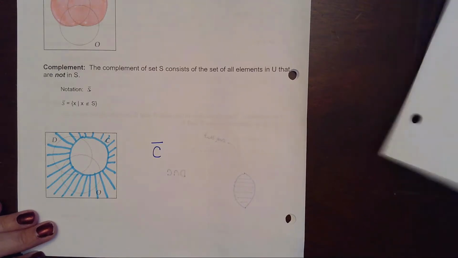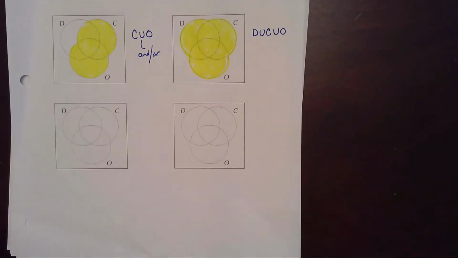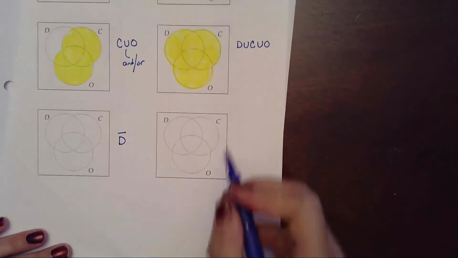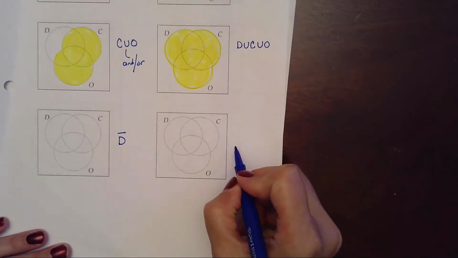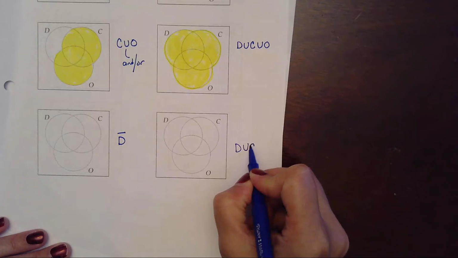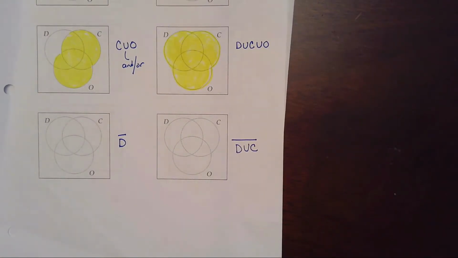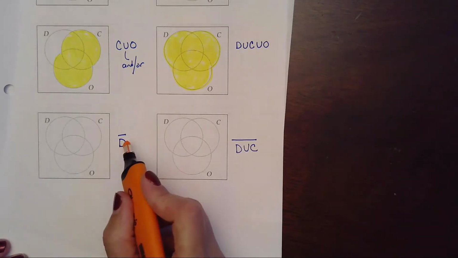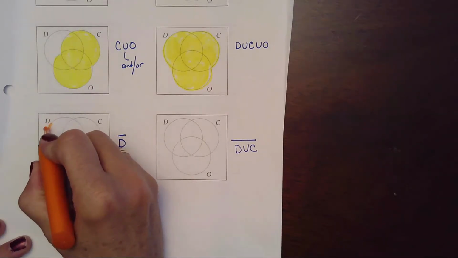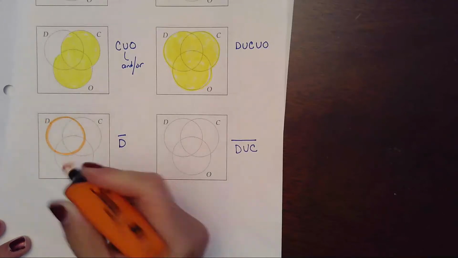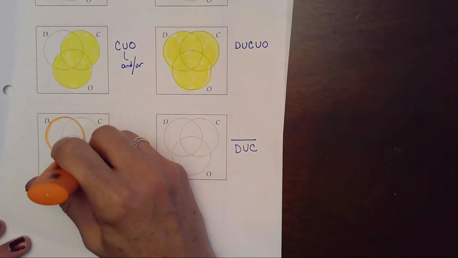All right? So let's draw D bar. And then we'll throw a twist on it. Let's draw, how about we draw D union C bar. And this is where it gets a little crazy. Okay, so D bar or D complement means I'm going to circle that D, but instead of shading inside, I want to shade everything outside.